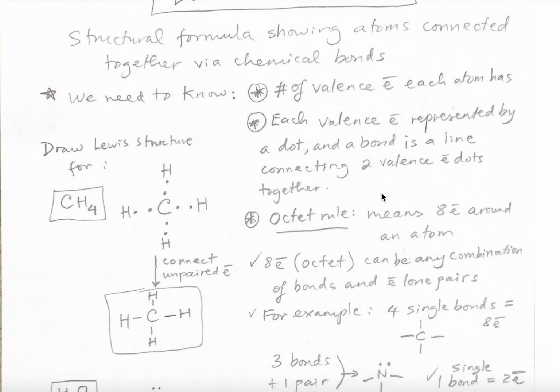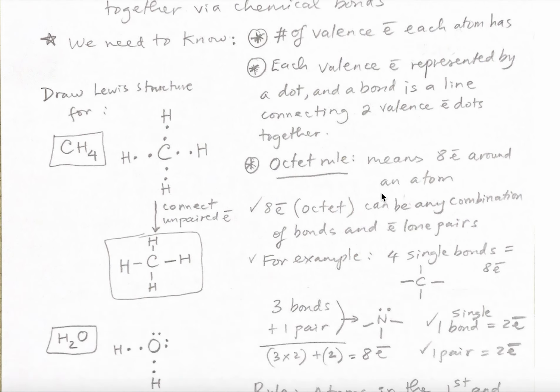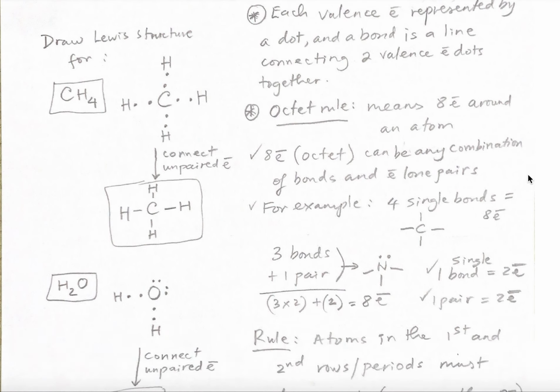Now the third thing is the octet rule. Octet means 8, surrounding an atom. So Lewis proposed that theory that if an atom has an octet configuration, surrounded by 8 valence electrons, they are stable.